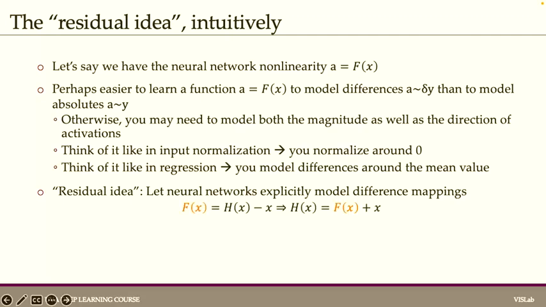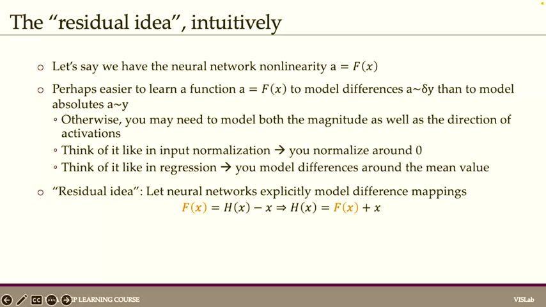So the following. Instead of simply having the next output of the layer be a equals f of x, you're going to say the output will be h of x equals f of x plus x. Let me write this down here as well. Right, so this is pretty simple.